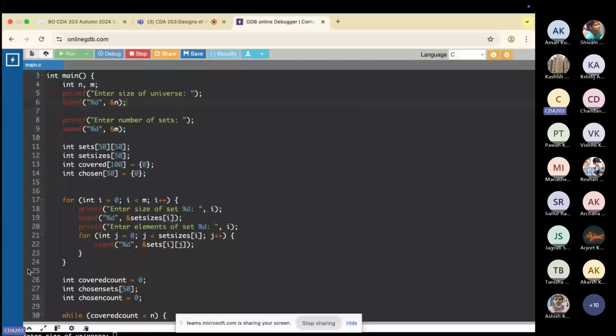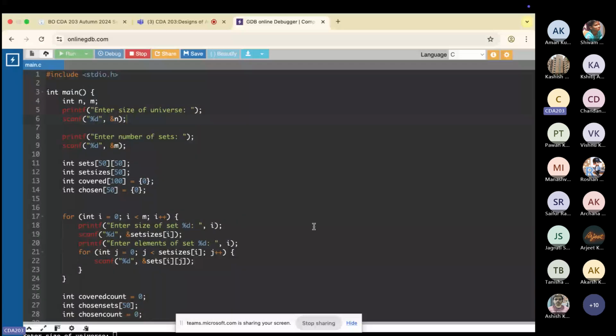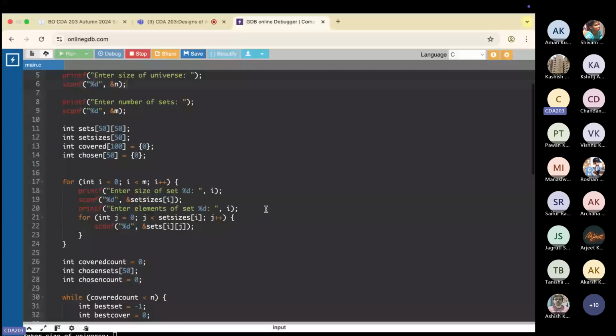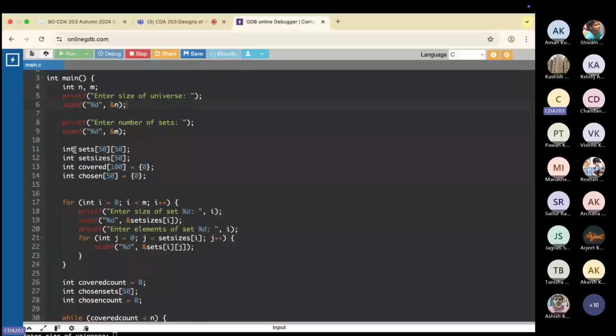Okay, so this is the algorithm. I mean, this is the code. We are using a two-dimensional array here, which corresponds to the subsets that we are storing, and each subset's size we define with this one.